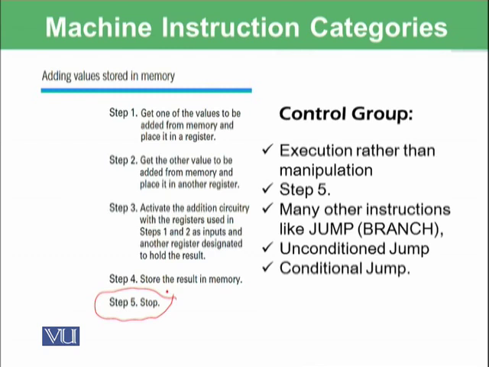It tells the computer it needs to stop, and sometimes it tells some other program to start. Such instructions are covered under the control group. And then there are other instructions like jump or branch, unconditional jump and conditional jump. Such instructions are known as control instructions. We will see an example of jump in the next slide.